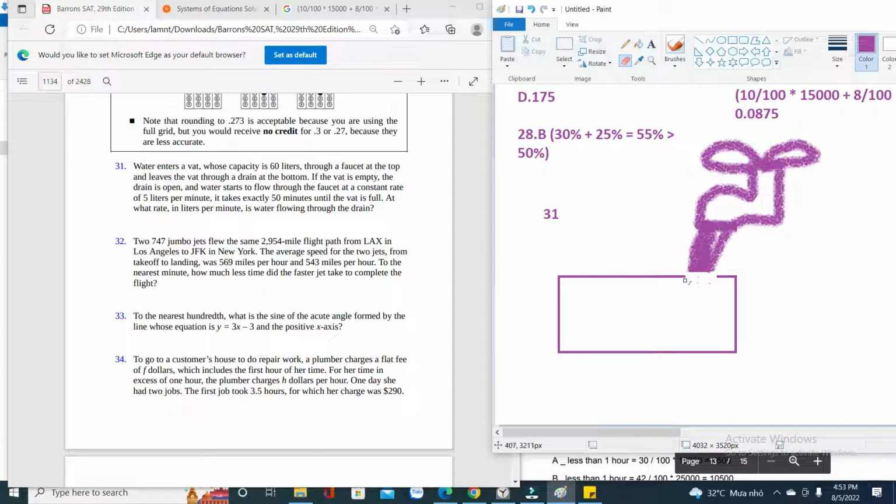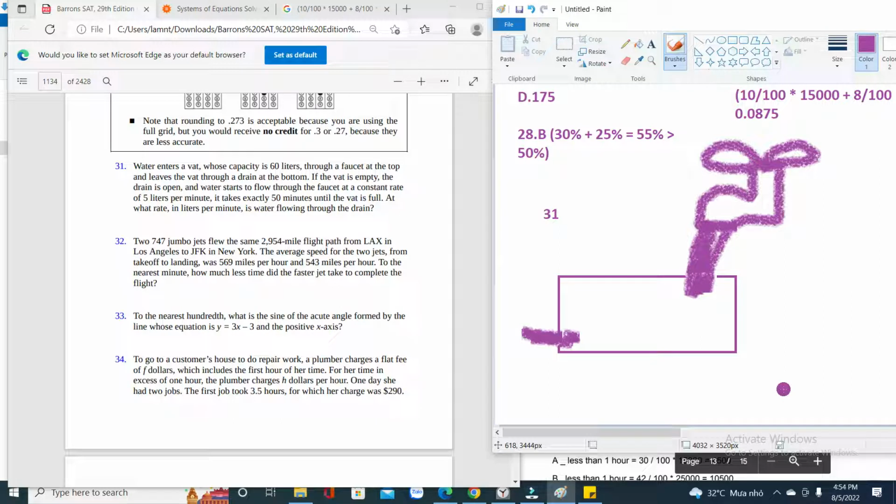And we have a drain at the bottom, so the drain here. So water can flow in and water can flow out. We know that water can flow in and water can flow out. Flow in here and flow out here.